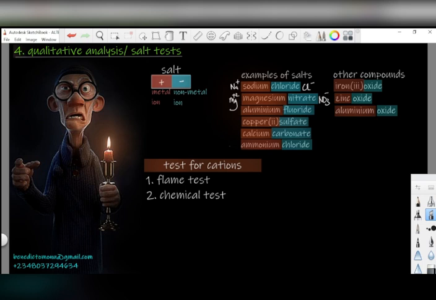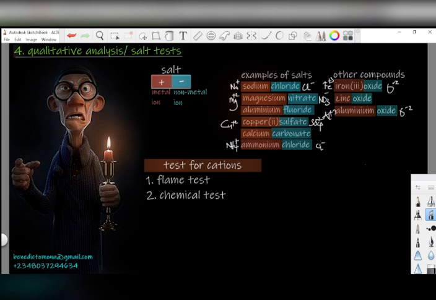Like that. Ammonium ion NH4 plus, chloride ion Cl minus. Iron 3 ion Fe plus 3, oxide ion O minus 2. Just like that. Aluminium ion Al plus 3, oxide ion O minus 2, and so on and so forth. Copper 2 ion Cu plus 2, sulfate ion SO4 minus 2.